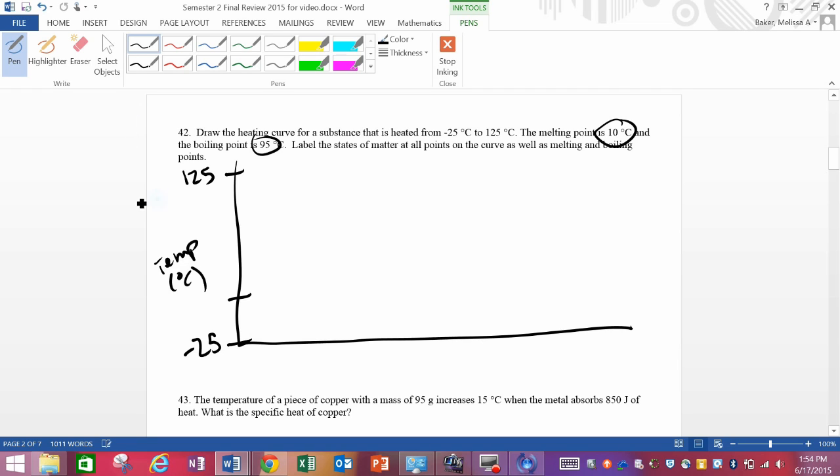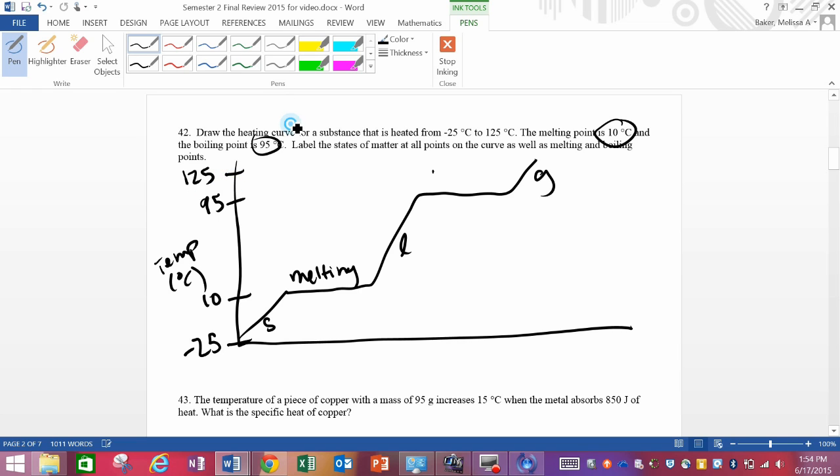And other special points are 10 degrees and 95 degrees. So it heats up, it melts, it heats up, it boils, and then it heats up again. So here it's a solid, here it's a liquid, here it's a gas. And it said also label the melting and the boiling.